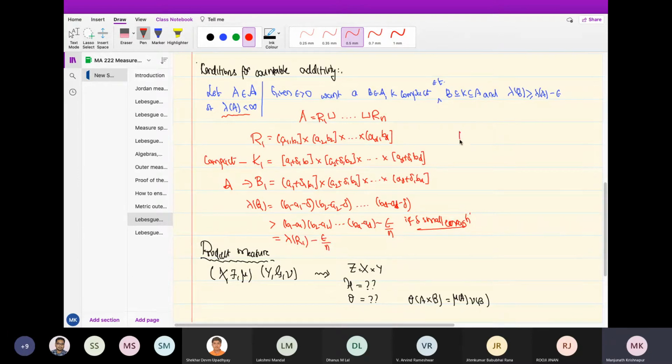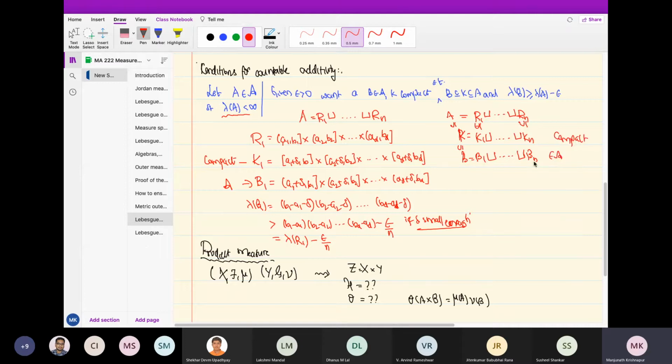Now you take the set. I want K to be K1 union... So this is for R1. You do similarly for R2, you will have a K2 and a B2. R3 will have a K3 and a B3, and so on. So you take K to be K1 union K2 union up to Kn, and B to be B1 union B2 union up to Bn. Since Ki is contained in Ri, Kn is contained in Rn, and that is my set A. It is clear that K is contained in A and B is contained in K. This is compact, since a finite union of compact sets is compact.